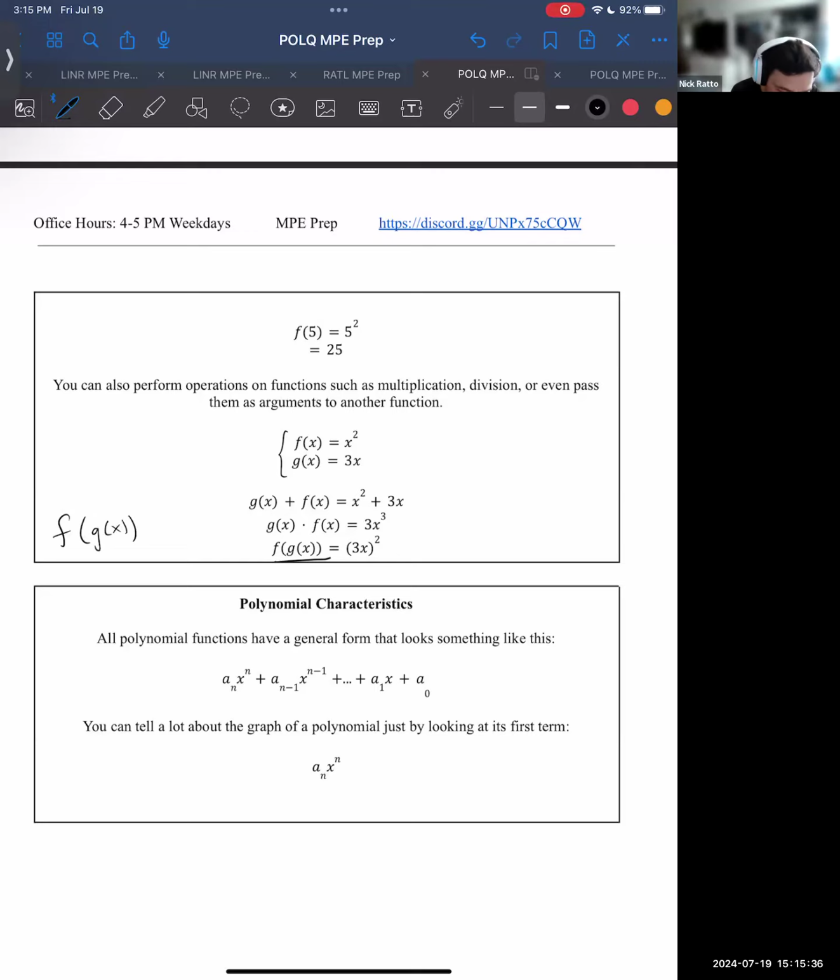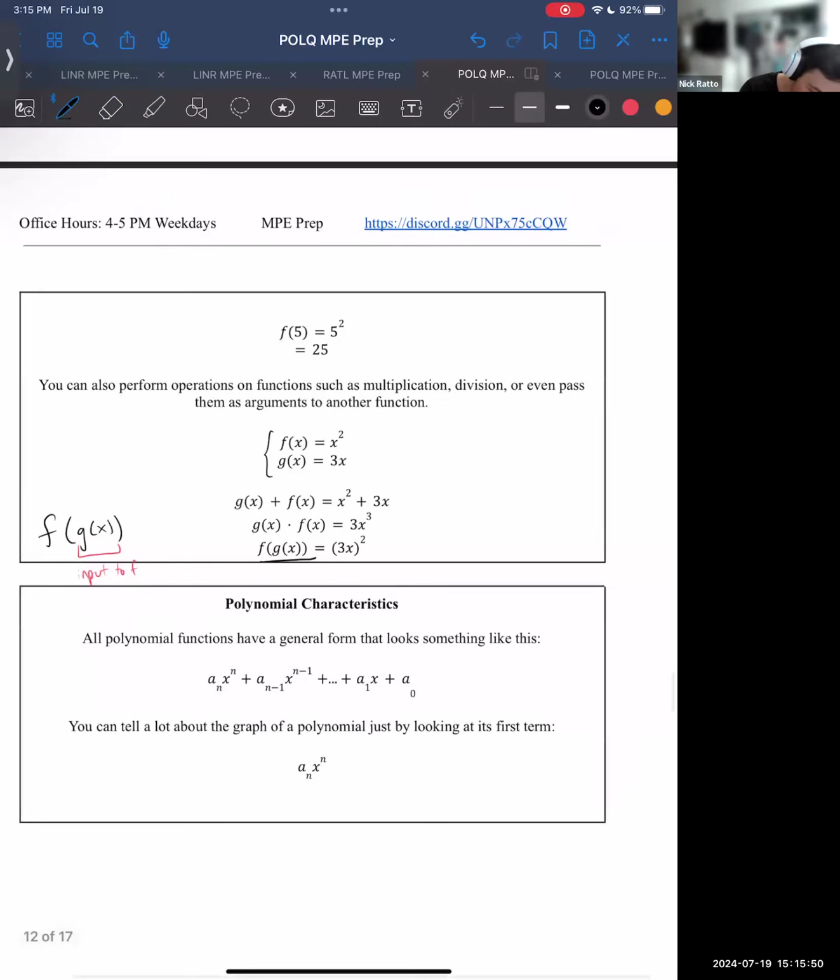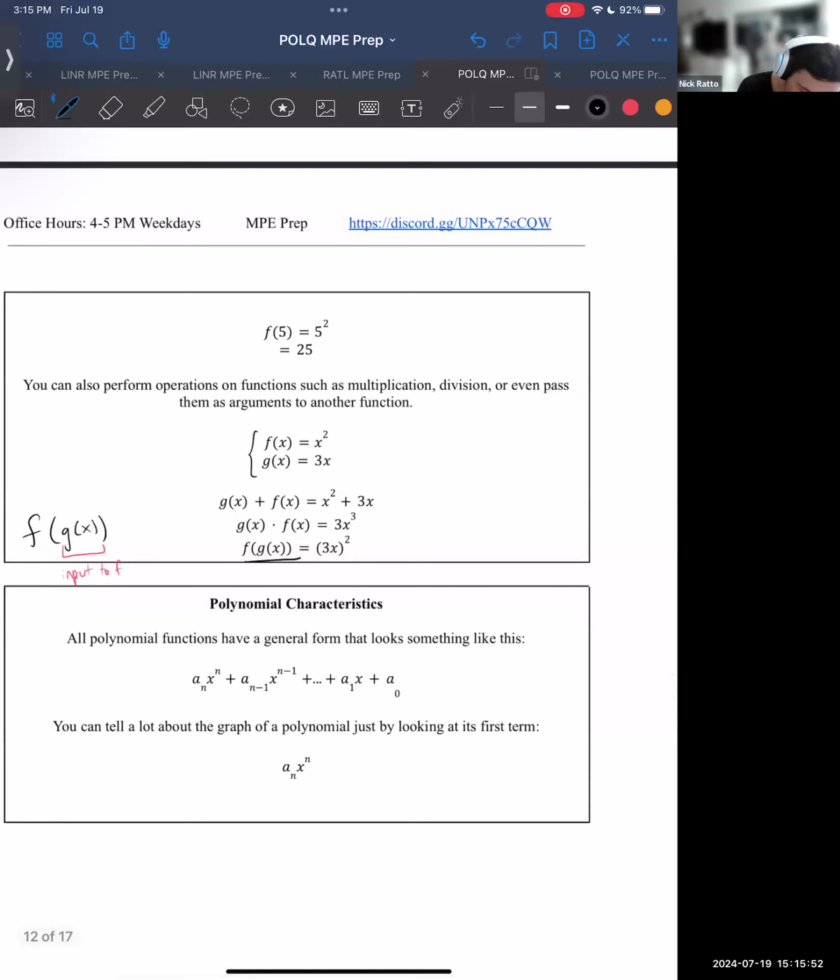And what that means is, in this case, this is the input to f, or in other words, x, right? So f here is x squared, and so f of g of x is 3x squared. We're just plugging in 3x where the x was in f.